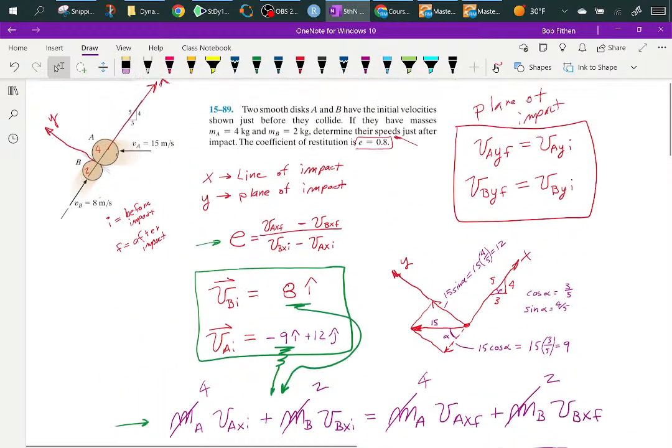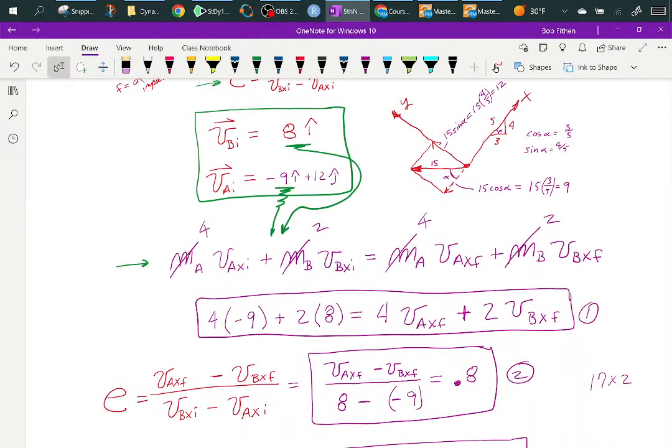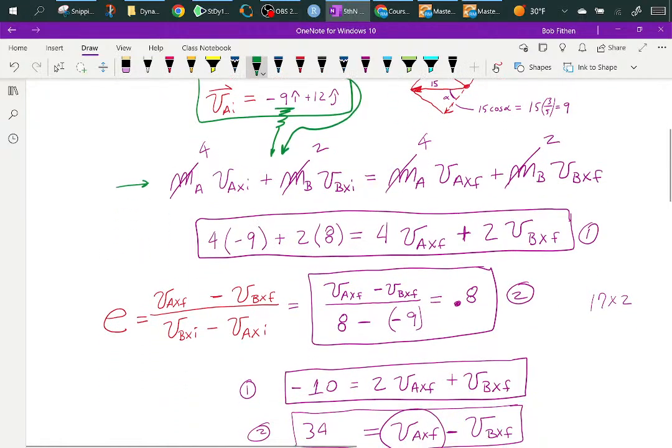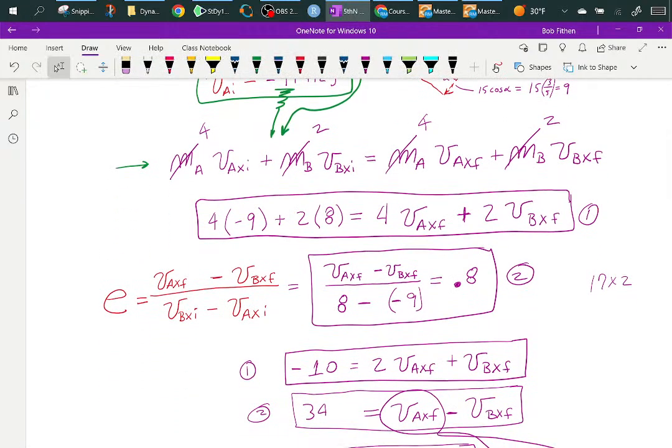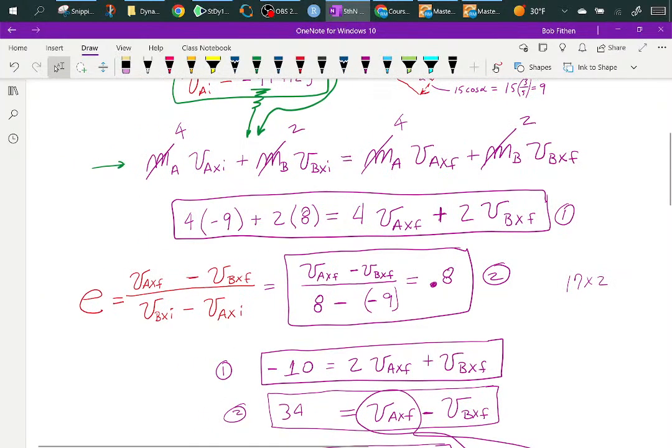Now, he says the coefficient of restitution is that. It is the final over that. Now, let's see. Did I do that correctly? 0.2. Okay, let me use the calculator here and verify a couple of things.